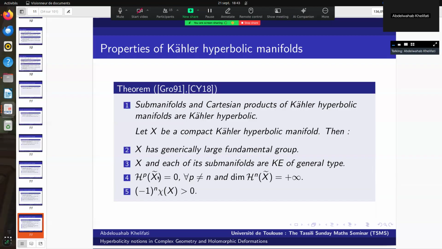On Kähler hyperbolic manifolds, we have a very interesting property on the universal cover. The L2 cohomology groups, or harmonic spaces, in degrees p are all zero except in the middle dimension, which has infinite dimension.